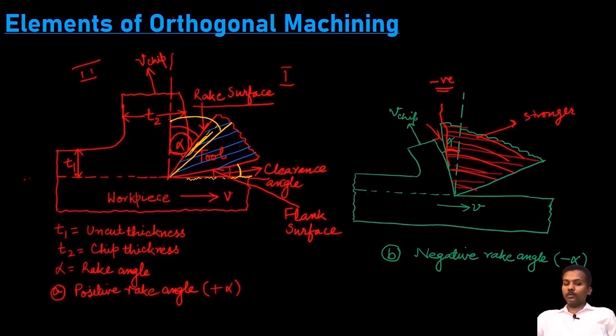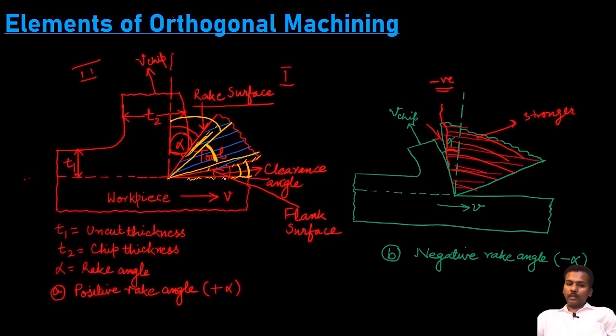Naturally we need to provide a certain clearance angle so that there is no restriction. That angle is about 5 to 6 degrees, kept not too high, because if we increase this clearance angle, it will remove some volumetric material from the tool, and this will again weaken the tool.